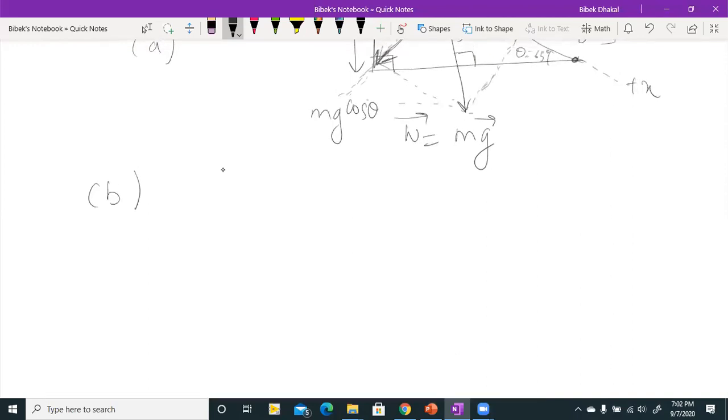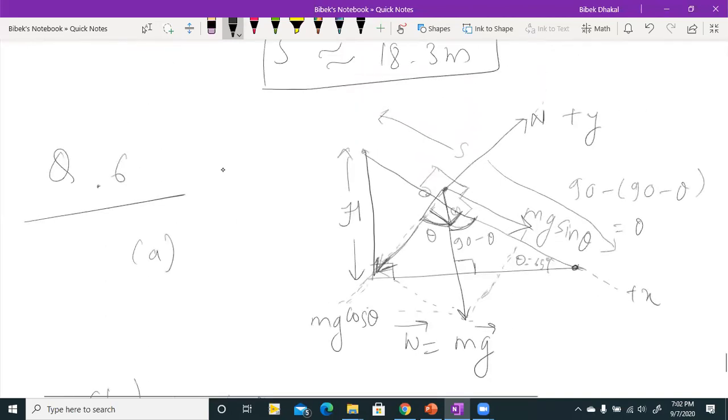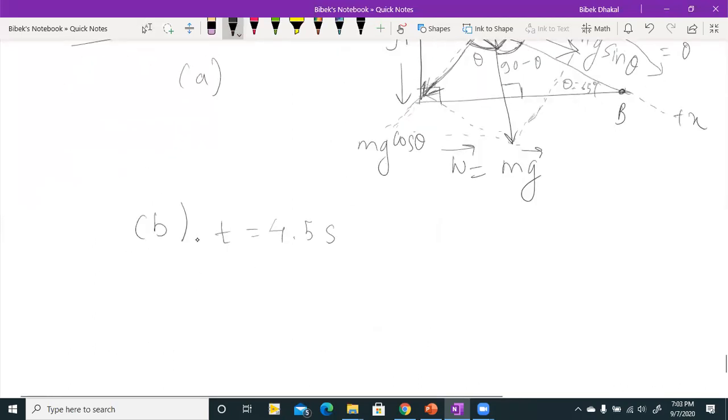So we need to find h. We have the time the car takes to come from point A to point B, that is 4.5 seconds, and the initial velocity at point A was 52 meters per second.